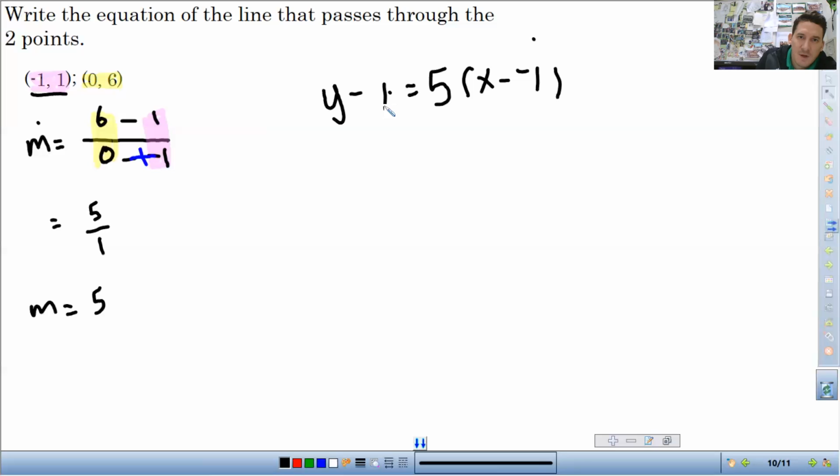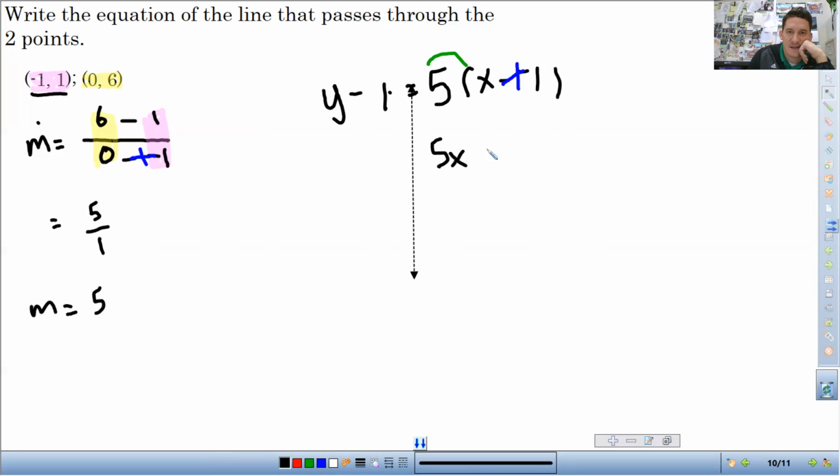All right. Check this out. We have minus a negative 1. Minus a negative becomes positive. So before you do anything, change the minus and negative to a plus. So that's x plus 1. Now, finish solving for y. Just 2 steps. All you need to do is distribute. So I'm going to do 5 times x.